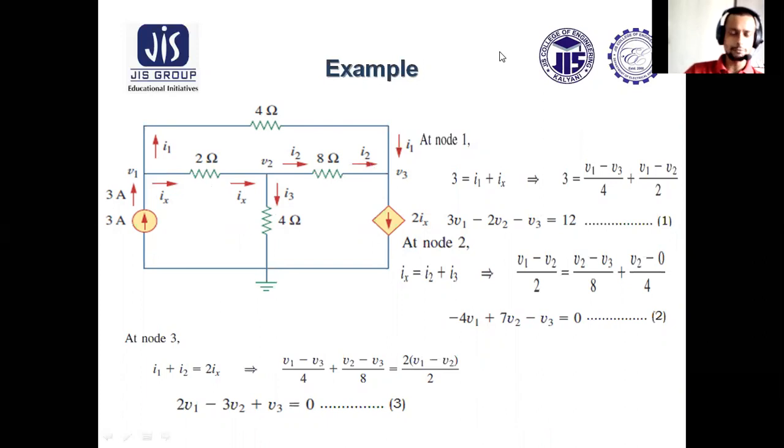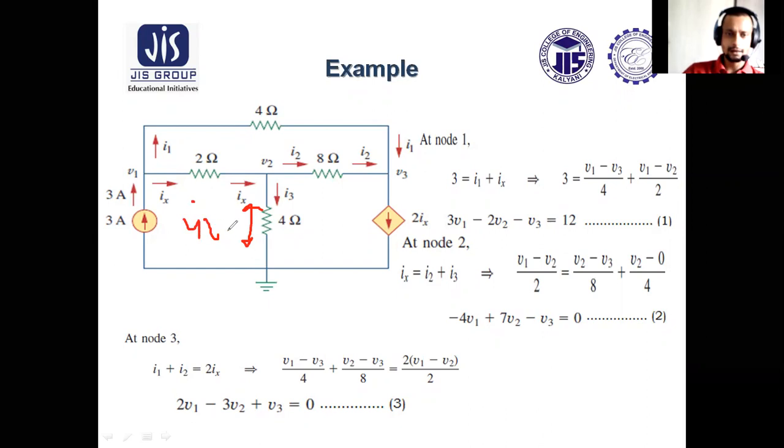Now, if we are asked to find the voltage across this 4 ohm, it will be 4 into I3, because through this 4 ohm, I3 current is flowing. So this is how you can get the solution using nodal analysis.